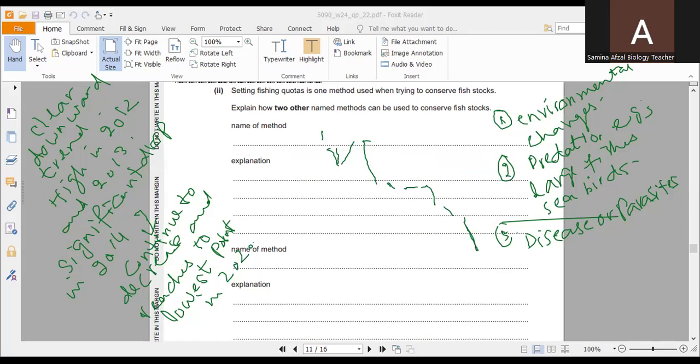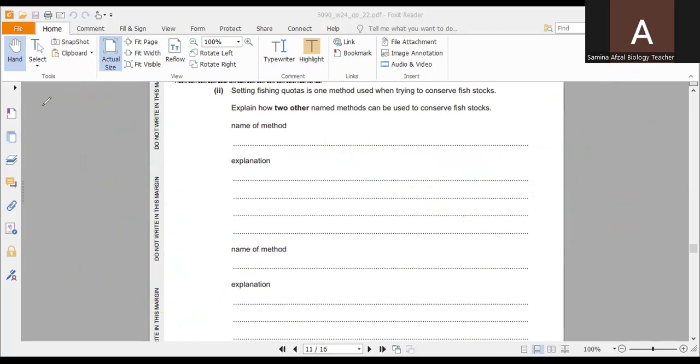Now, the next question is: setting fish quotas is one method used when trying to conserve fish stocks. Explain how two other named methods can be used to conserve these stocks.